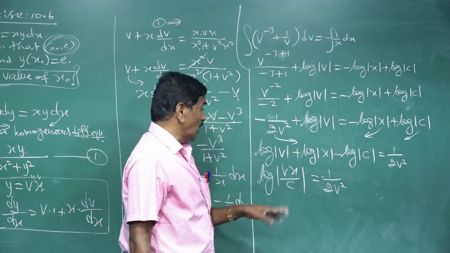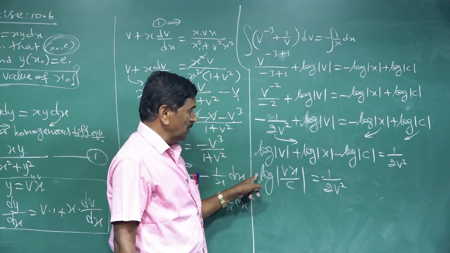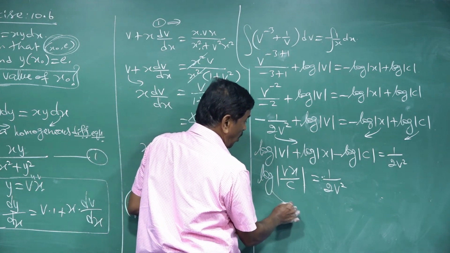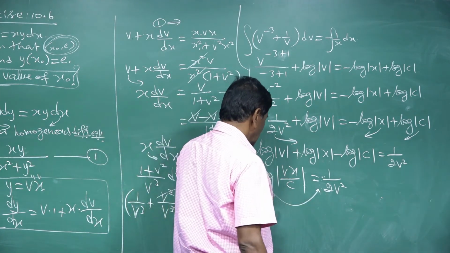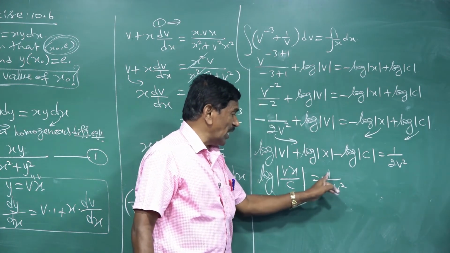Okay. Now the left hand side has one logarithm with coefficient 1. So taking anti-logarithm on both sides, this logarithm goes to the right and becomes base e to the right side answer.